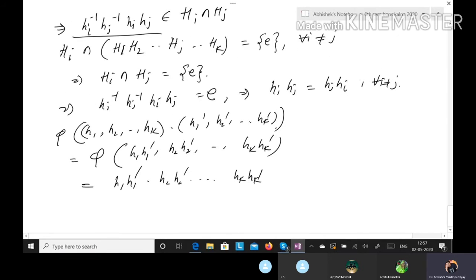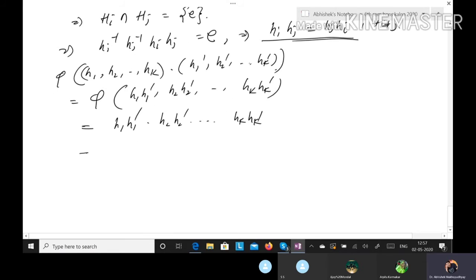So using this observation, we have h1, then h1 dashed h2, and the second one is h2 dashed h3, and so on, and the last one is hk-1 dashed hk and hk dashed.